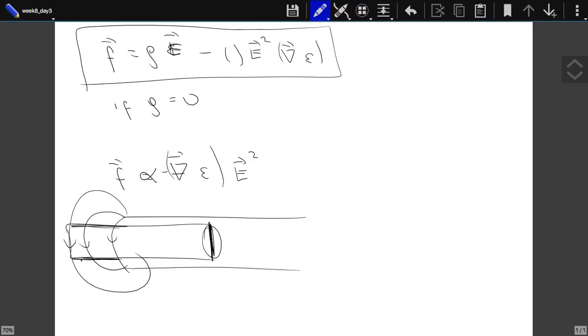You see, the electric field is not vertical in those regions. The vertical components would cancel, but the horizontal components give you the total force. According to this expression, that is weirder. According to this expression, the gradient is in the vertical direction. So the force acting on the top and the bottom parts is in the vertical direction. There are no horizontal components, but the force is the horizontal component.